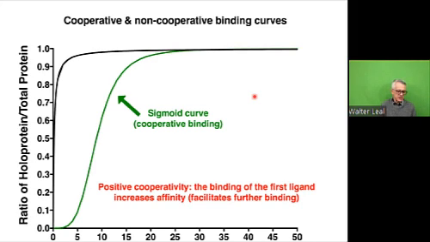Then we went on and talked about cooperative and non-cooperative binding. And we discussed this curve in class a great deal. We showed these two types of curve that one can get when you study the binding of a ligand to a protein.